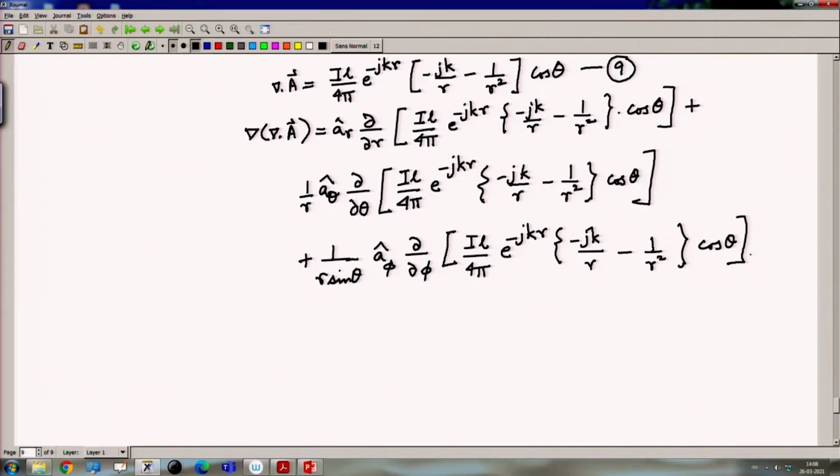So, let us call this 10. This is by the definition of the gradient operation in the spherical coordinate system.